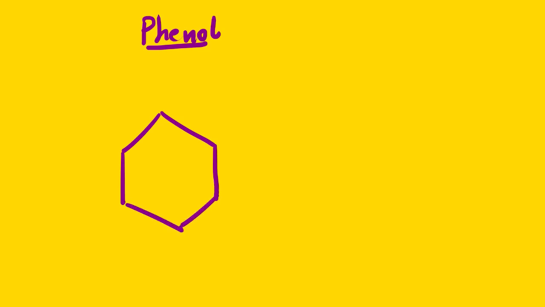And then we have the phenols. A phenol involves a benzene. A benzene is a specific ring that has 6 carbons. Remember benzene. The name ends with E-N-E.